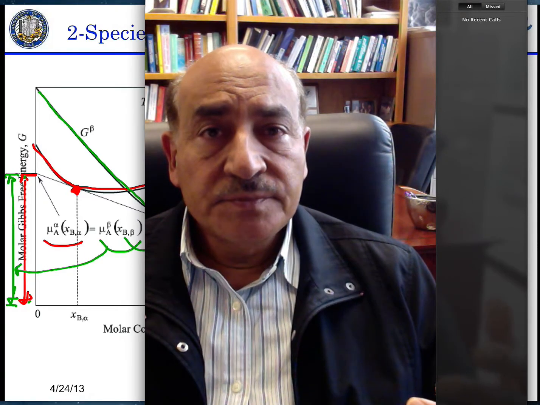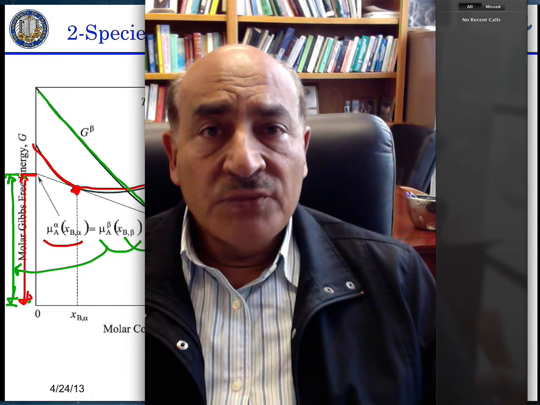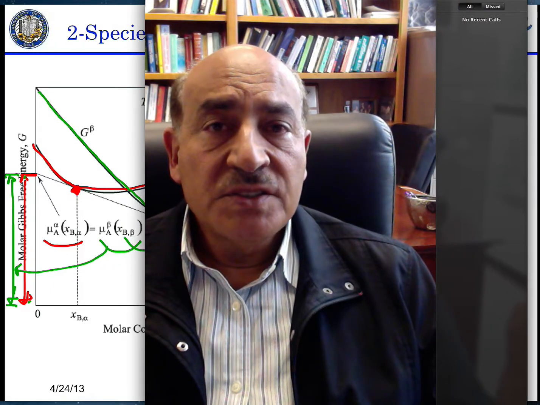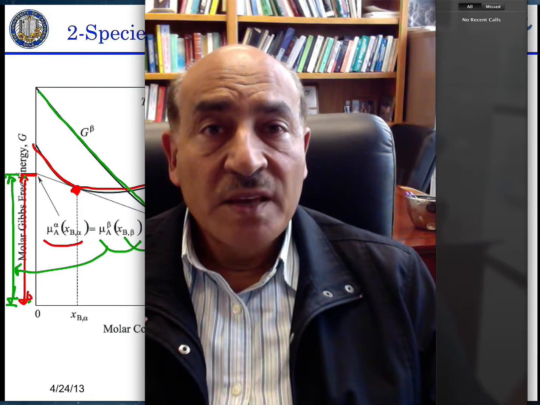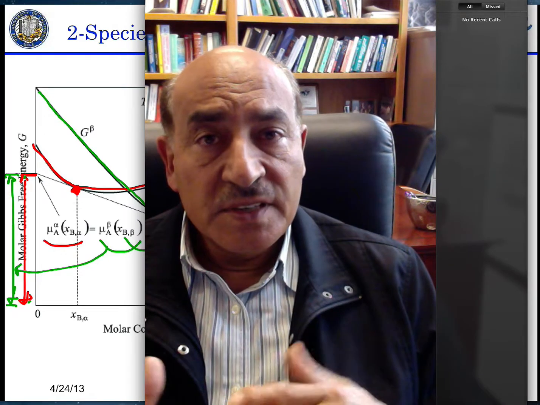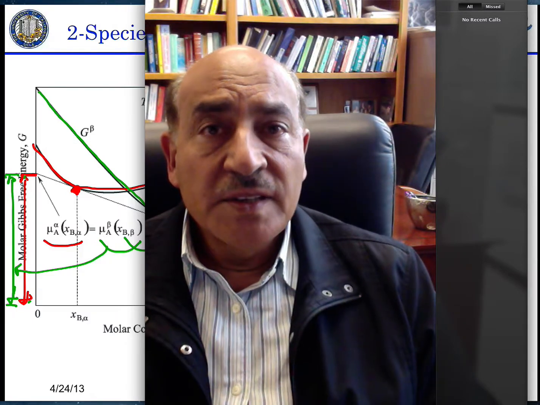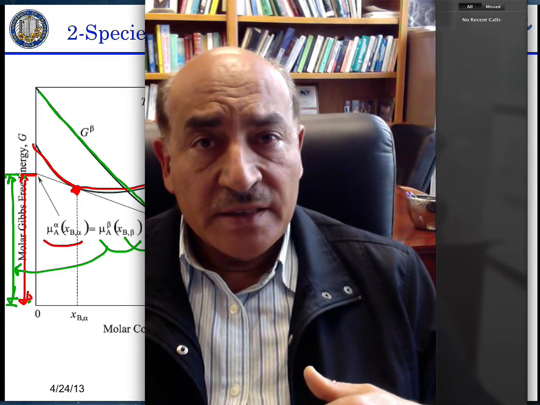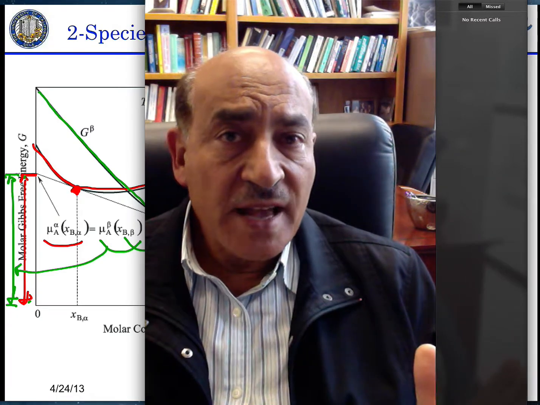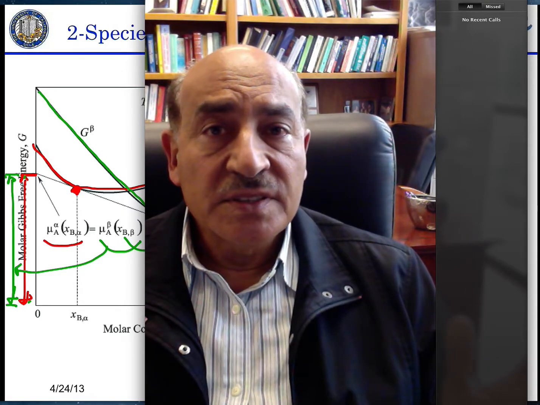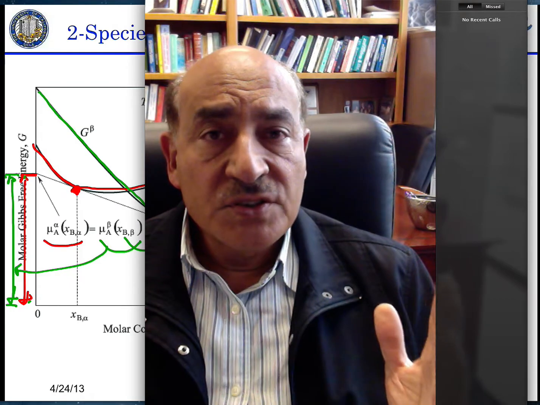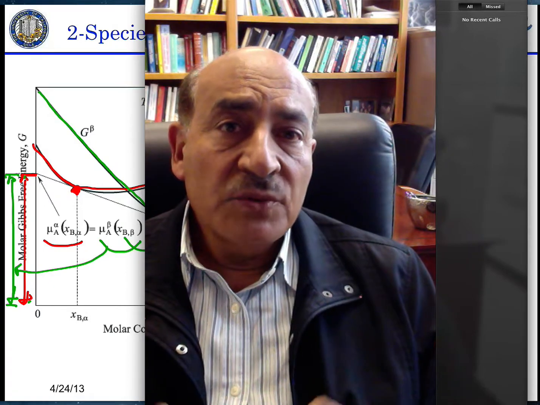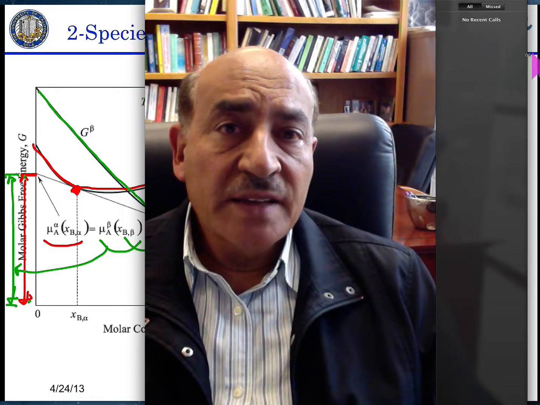So I must have a Gibbs free energy for the liquid phase, which is the mixture of these two, and I must have a Gibbs energy for the solid phase, which is a mixture of these two. If I take the common derivative of these two, the common slope, and I look at the intercept on the iron axis, or the intercept on the tungsten axis, that will give me the solution. In other words, the common slope is going to give me the concentrations of iron and tungsten. That would give me the equilibrium between the liquid and the solid phase.